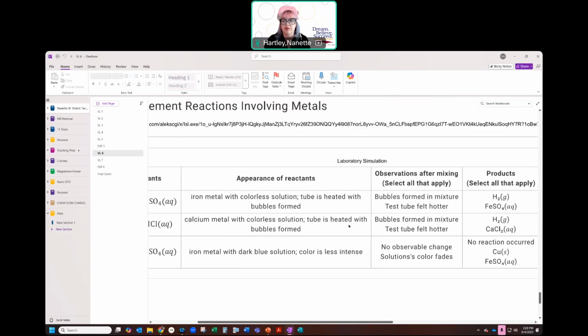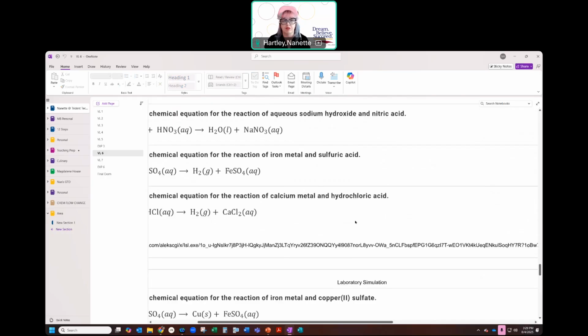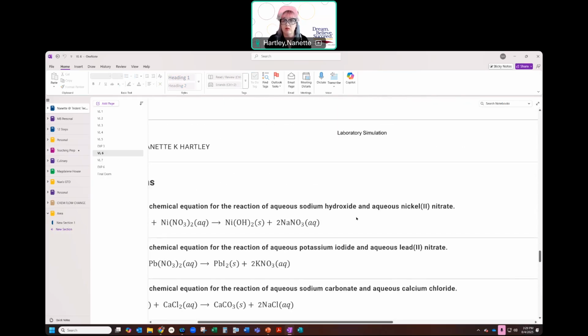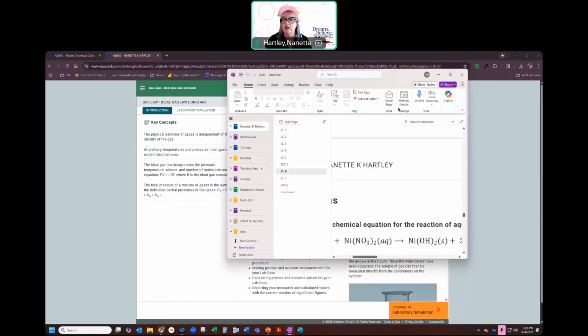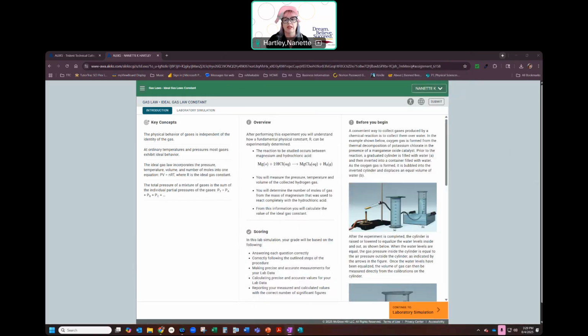But that is stuff that I encourage my students to either print out or screenshot and keep so that they have a copy of it, so that when they're taking the quiz, they know exactly what to do. Because you often go through calculations when you're doing these labs and you probably have no idea how to do them again. That's bad, because if you don't know how to repeat them, you won't be able to do them on the quiz. So we need to know how to do those things.